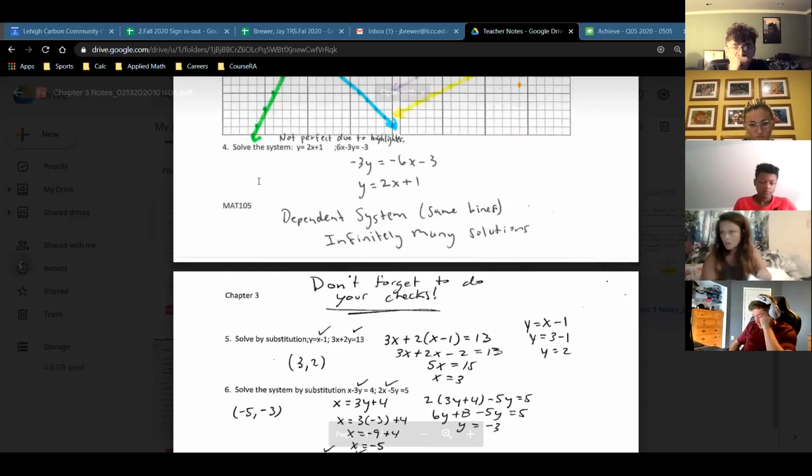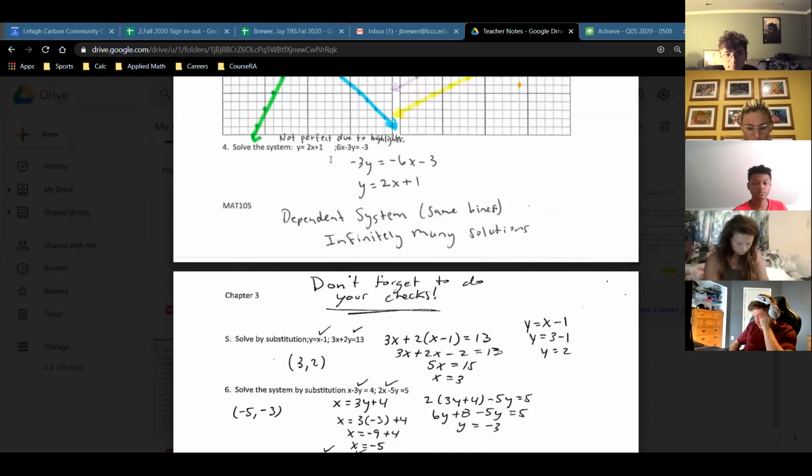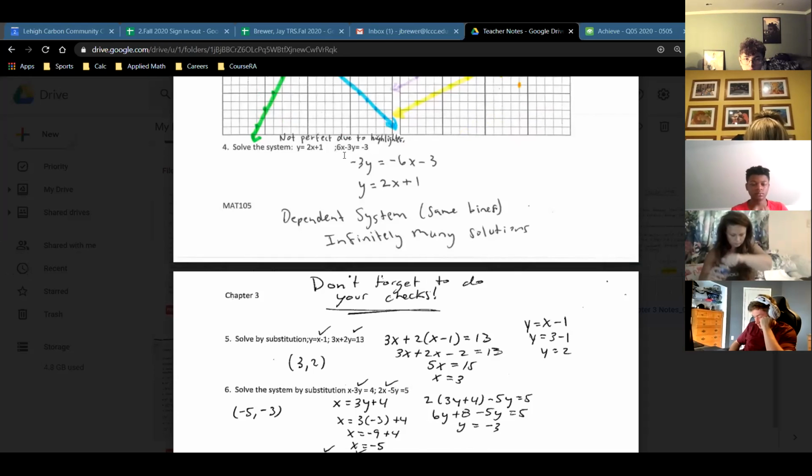All right, so if we look at number 4, our system is y equals 2x plus 1 and 6x minus 3 equals negative 3. So what you have to do there is what? Someone tell me the approach that I took and why I took it.